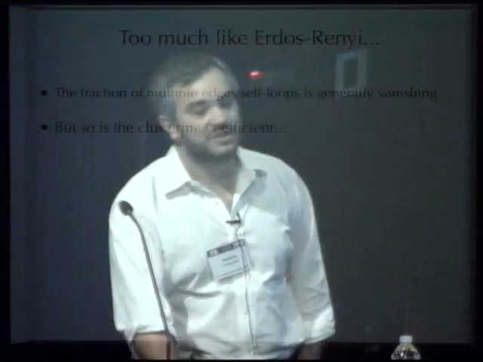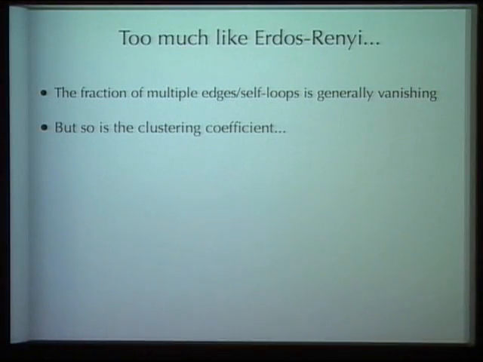So I would like to argue that basically random graphs in a degree sequence are too much like Erdos-Renyi graphs. Yes, we can bake in the degree sequence, but the fact that the clustering coefficient is small, meaning there is no transitivity of edges, creates these incredibly rich objects in spite of the fact that they don't have that many edges.